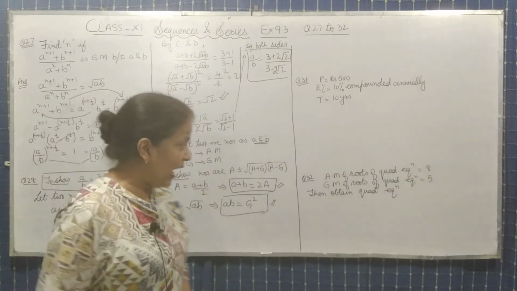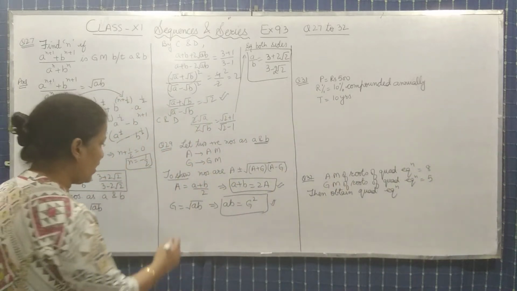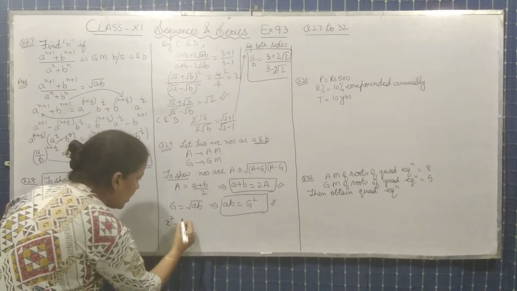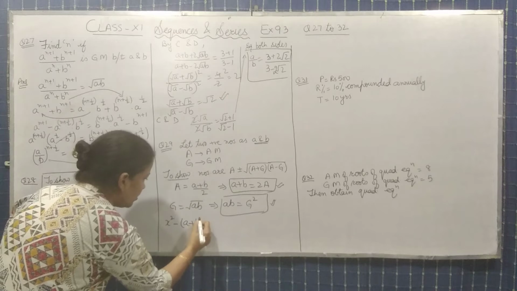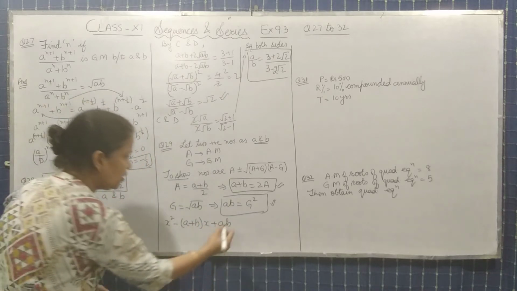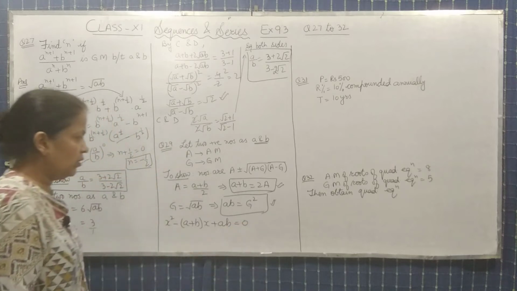Now, can we satisfy this in the quadratic equation? Quadratic equation is x square minus sum of the zeros x plus product of the zeros, isn't it, equals to 0.